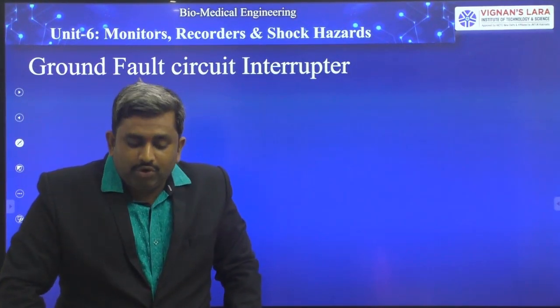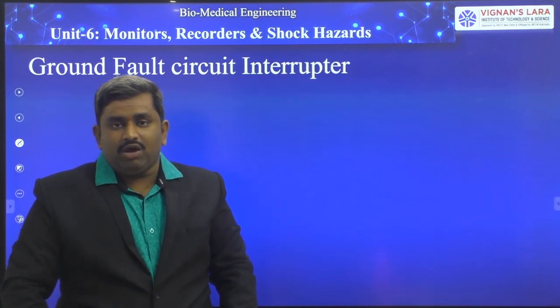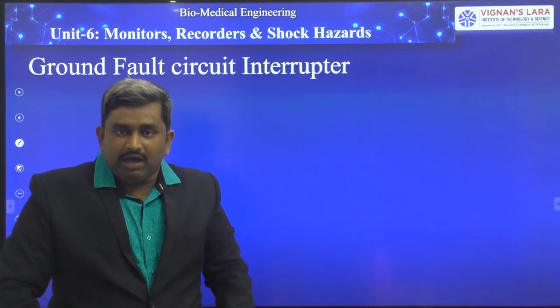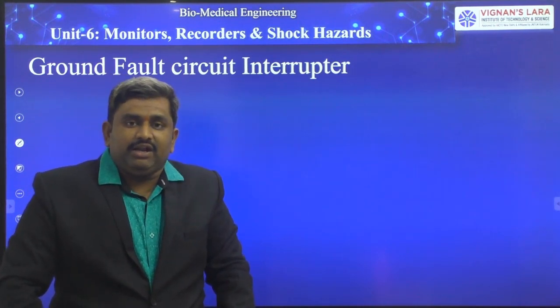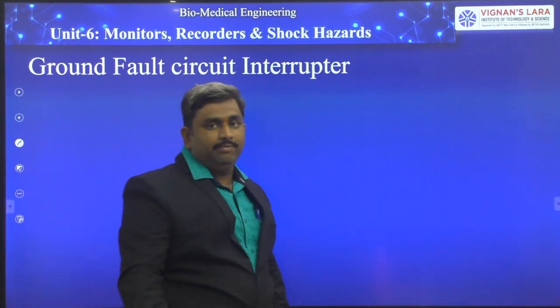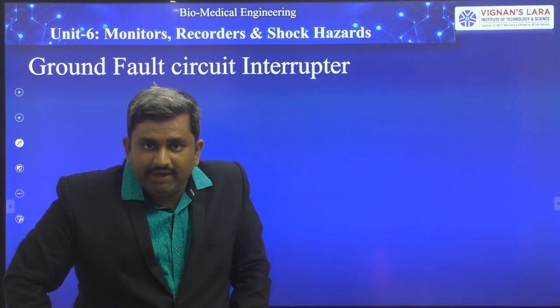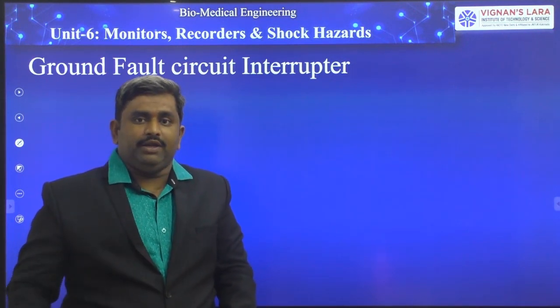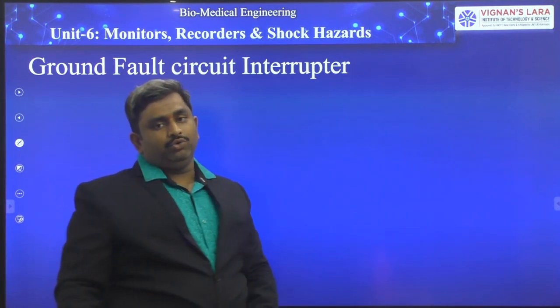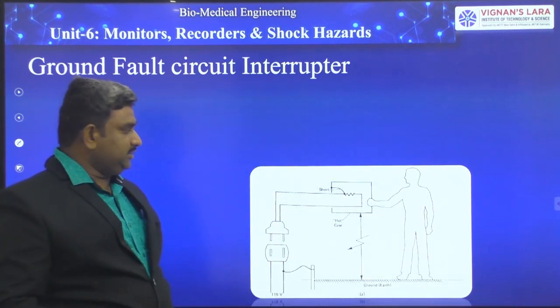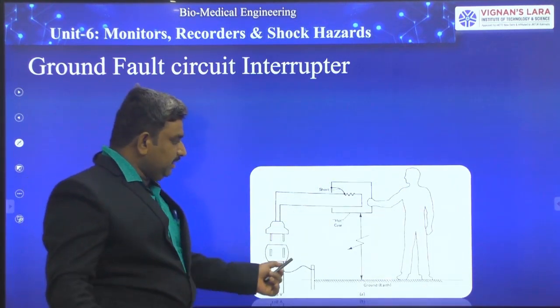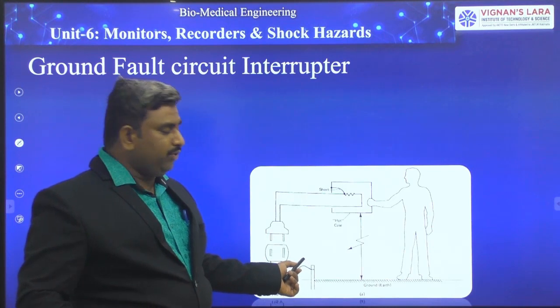Grounding is very important. If the grounding is not good due to some unexpected situation, then electrical accidents will happen. So to eliminate electrical accidents, we have to identify the ground faults beforehand, and for that reason we use ground fault interrupters. This is the previous example we discussed.